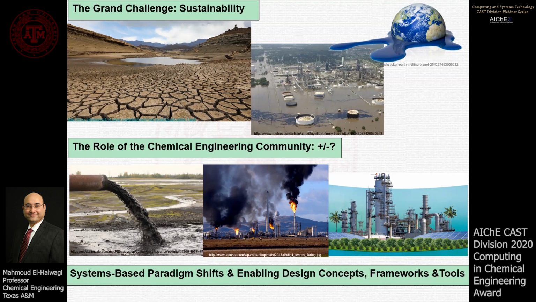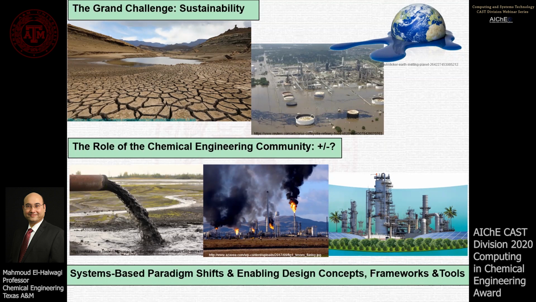At present, humanity faces really the grand challenge of sustainability and sustainable development. The symptoms of lack of sustainability are abundant, including freshwater shortage and dwindling natural resources, global climatic changes, environmental pollution, and an increasing rate and ferocity of natural disasters.